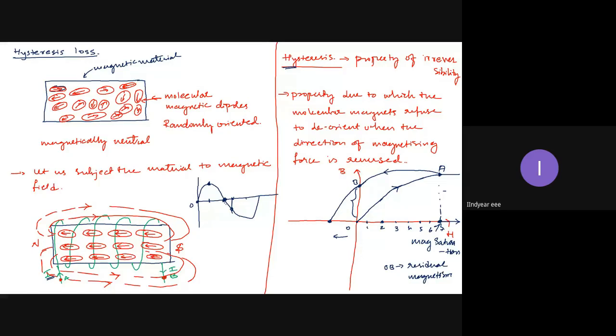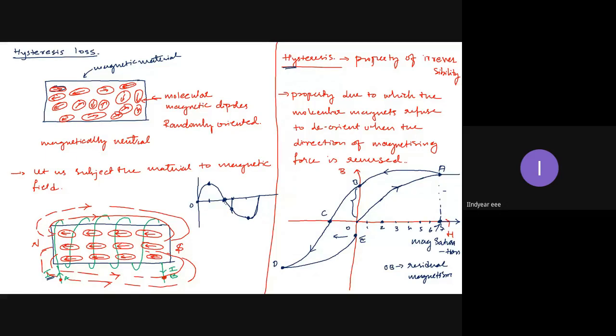Beyond this, current is again increasing, and the magnetic flux density increases in the opposite direction. Let this be point C, let this be point D. When the current has reached a negative maximum, I get some amount of flux density. After the negative maximum, the current is again decreasing to 0, so the magnetic flux density should again come to 0.